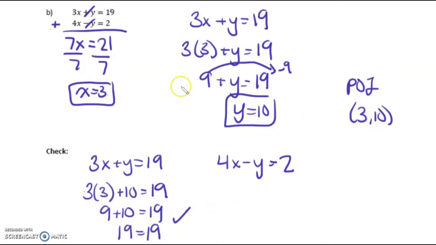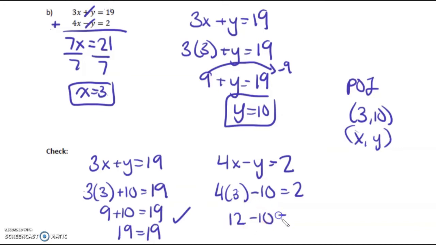So this point of intersection satisfies the first equation. Now, on to the second equation. Substitute in the 3 for the x and the 10 for the y. And we get 12 minus 10 equals 2. 2 equals 2. Definitely satisfies the second equation. So this is the point of intersection.